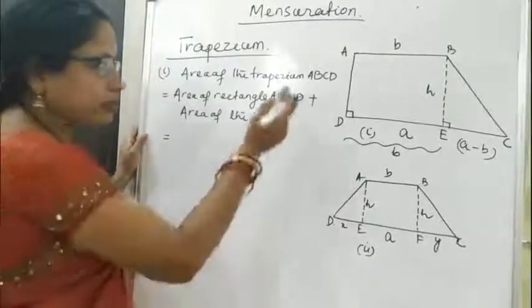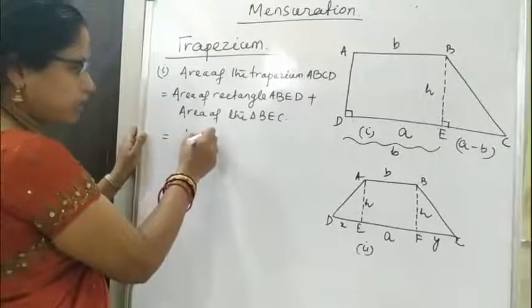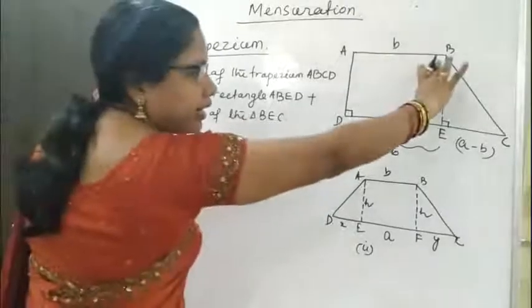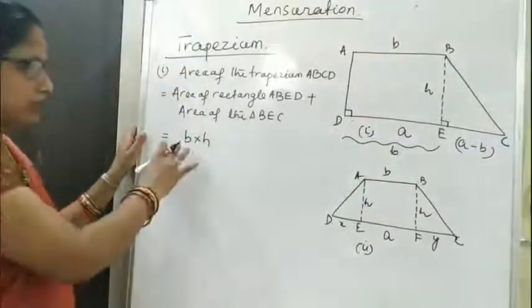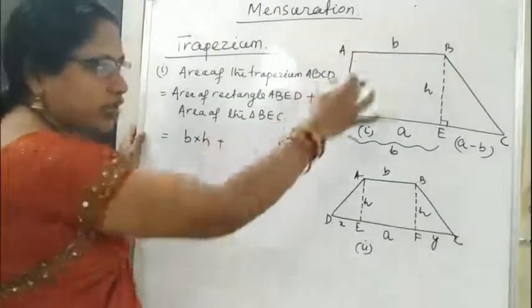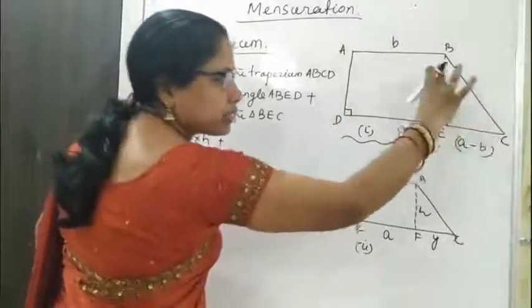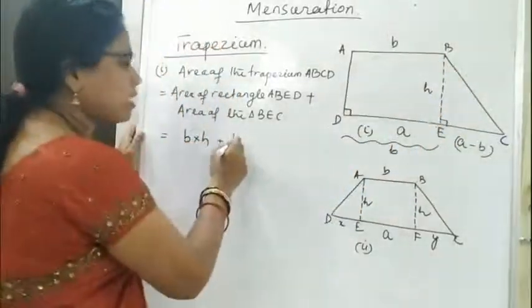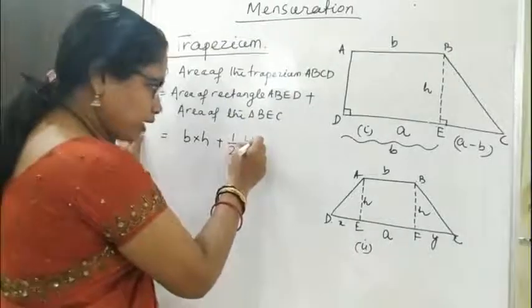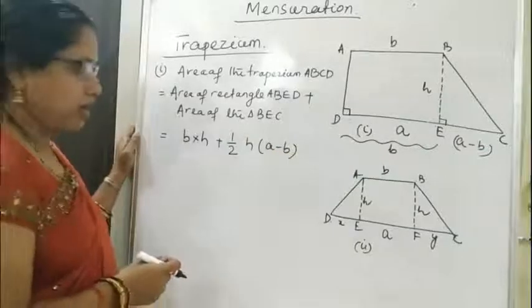Length into breadth, that is b multiplied by h, because your height is the breadth. So b multiplied by h, plus the area of the triangle BEC, half base into height. So plus half into h into a minus b. Here the base is a minus b.